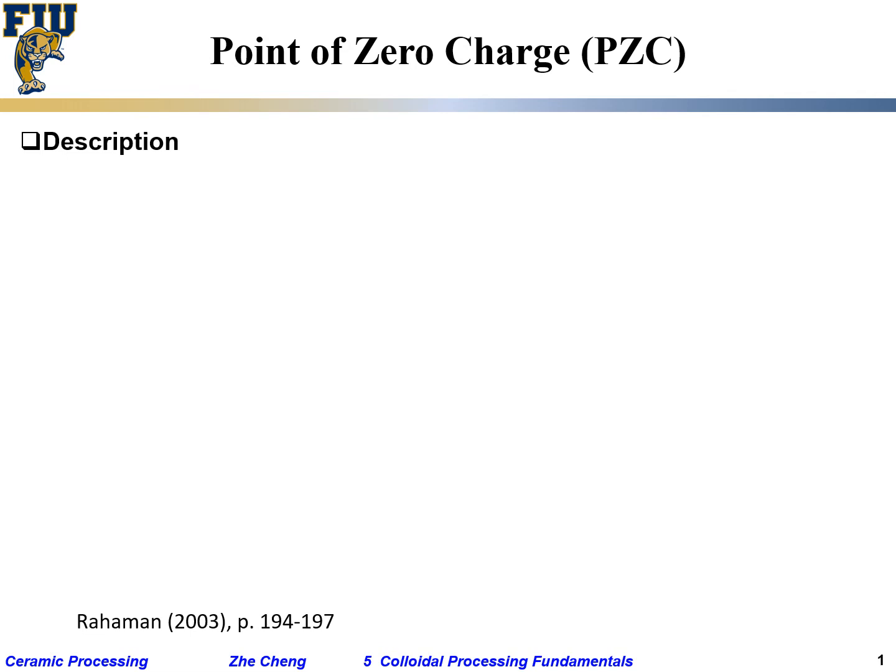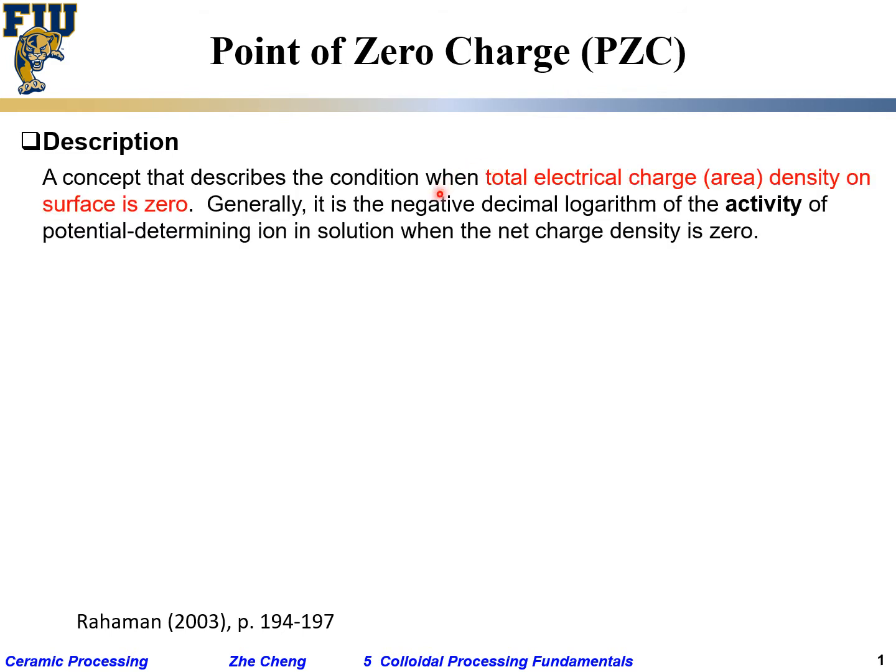And then let's introduce the concept of point of zero charge, PZC. It's a kind of point, quite often a pH value, that describes the condition when the total electric charge density, area density, how many charges per unit area on the surface, is 0.